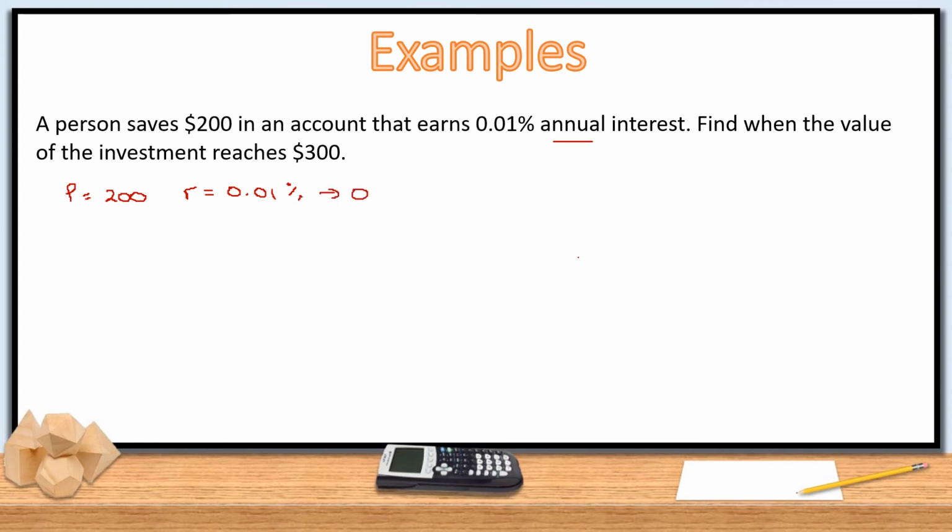So remember, as a decimal, that would be 0.0001. And then we want to know when the value V of t is 300. So our formula, V of t is principal times 1 plus r to the power of t. So we want to know when it's going to be equal to 300.